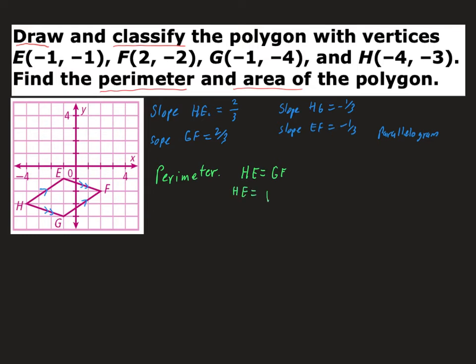So HE is equal to the square root of, look at these vertices here, -4, -3, and this one here is -1, -1. So (x1 minus x2) squared plus (-3 minus -1) squared.